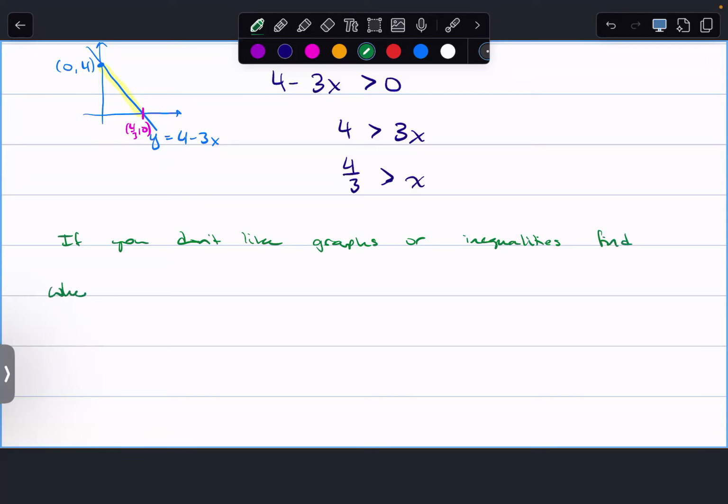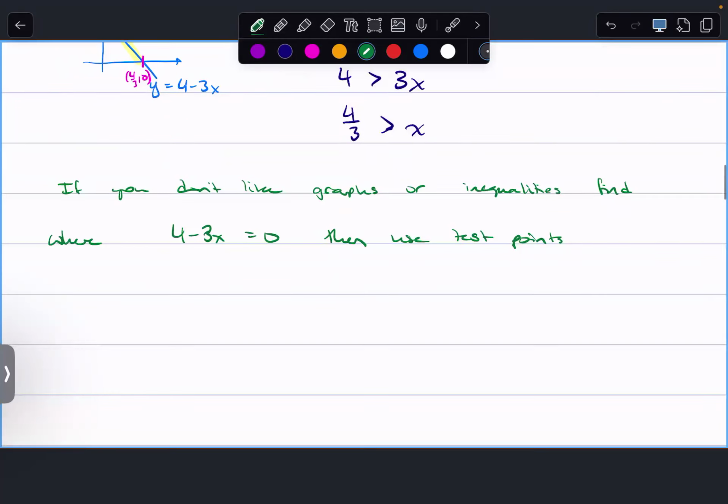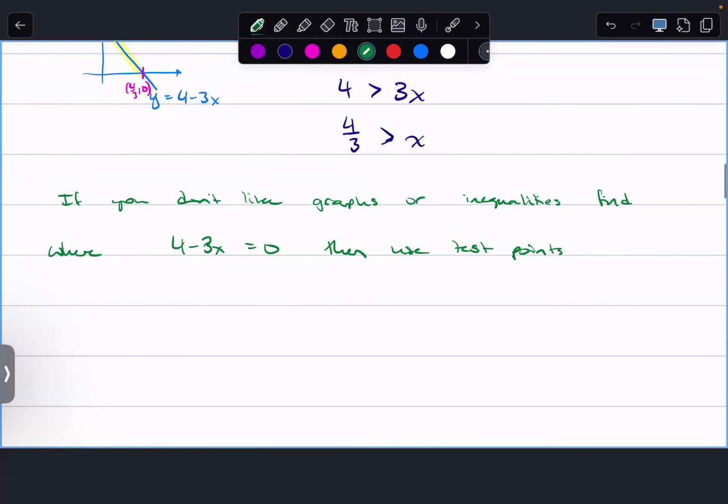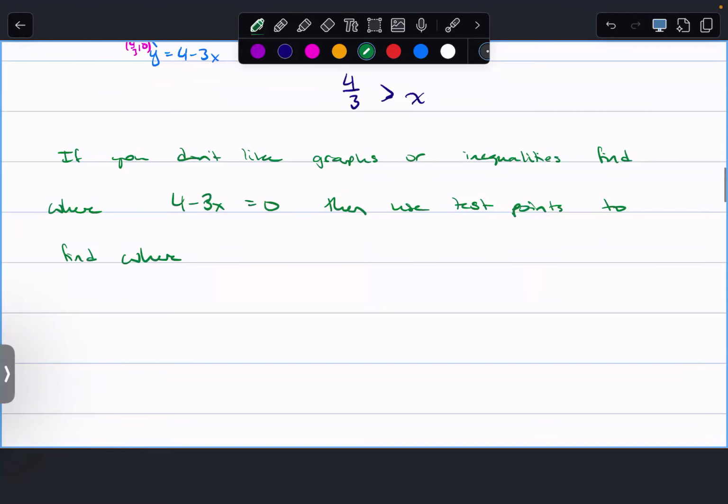Find where 4 minus 3x is equal to 0, and then use test points around that point to find where 4 minus 3x is greater than 0.